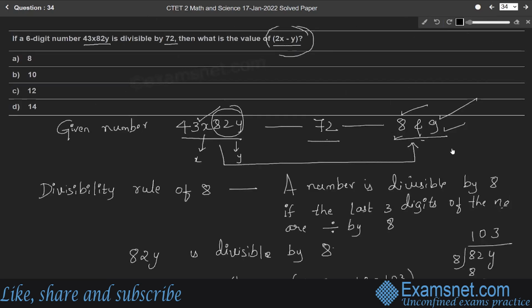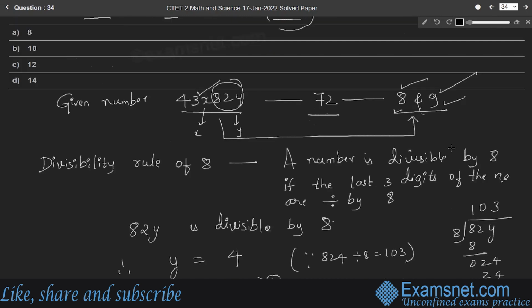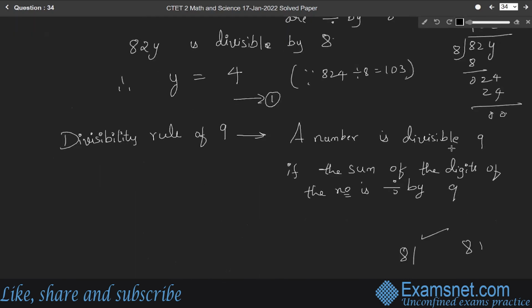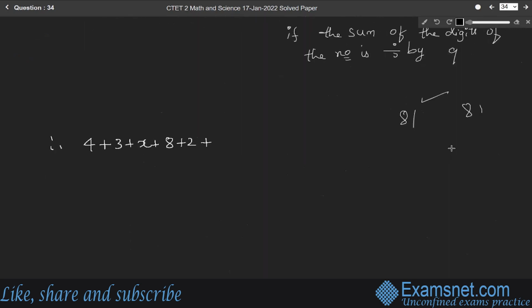Therefore, let us find the value of x here. So what is the sum of the digits? 4 plus 3 plus x plus 8 plus 2 plus, what is the value of y here? It is 4. So it is 8 plus 2, 10 plus 4, 14, 14 plus 4, 18 plus 3, 21 plus x.